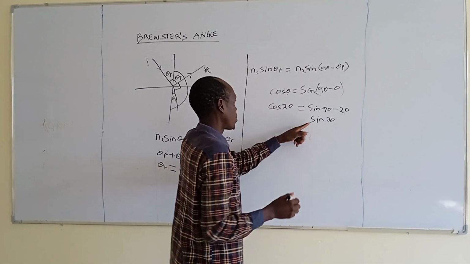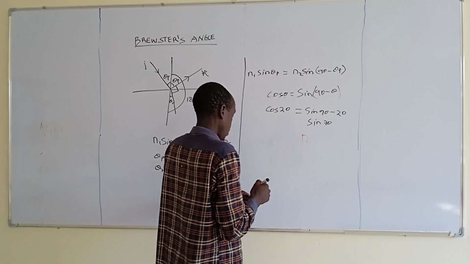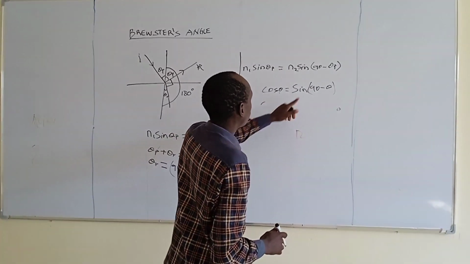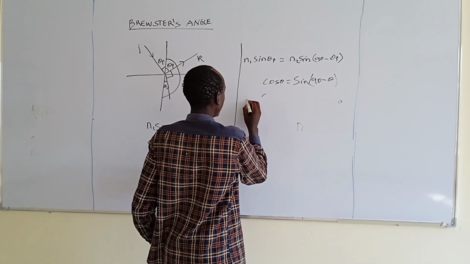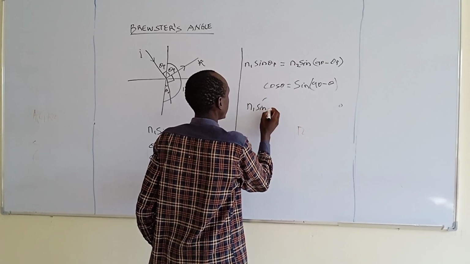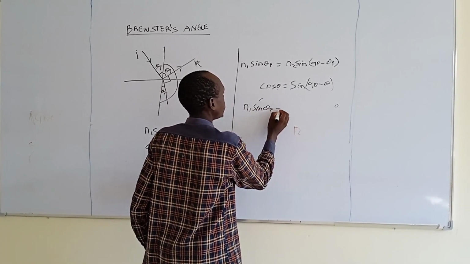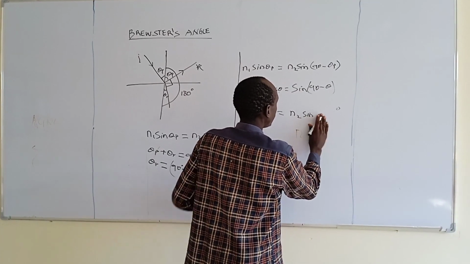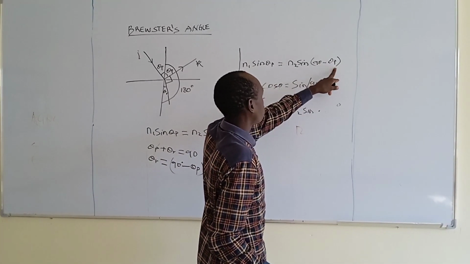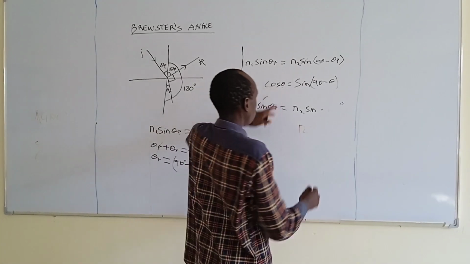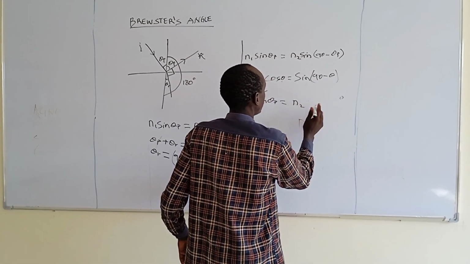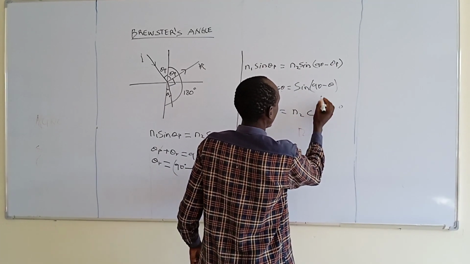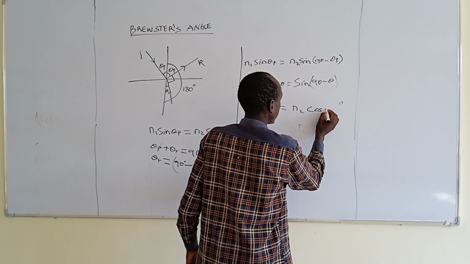So cos 20 is given as sine 70. That one you should know. So after substituting here, we have n1 sine theta p is equal to n2 sine of 90 minus theta p. Instead of writing sine of 90 minus theta p, we can now write cos theta p. Let us use cos, because after finding that we shall use cos.